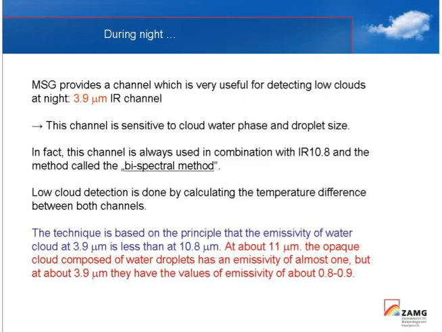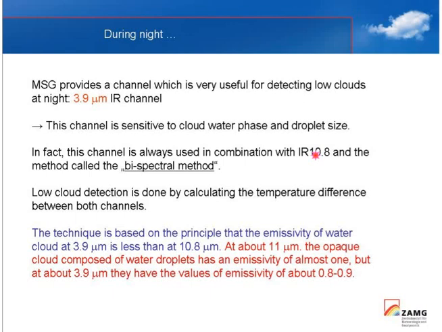So let's jump to the night. With MSG we also have the possibility to detect fog or low clouds at night, because of the 3.9 micrometer channel. This channel is sensitive to cloud water phase and droplet size, and what we use during the night is the so-called bispectral method, which uses the 10.8 and the 3.9 micrometer channels.